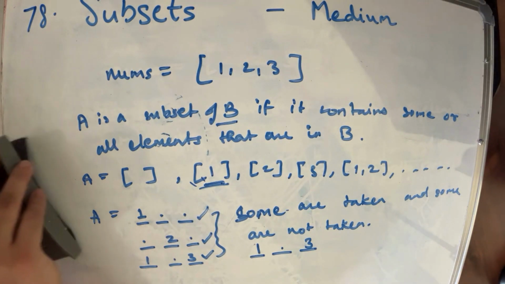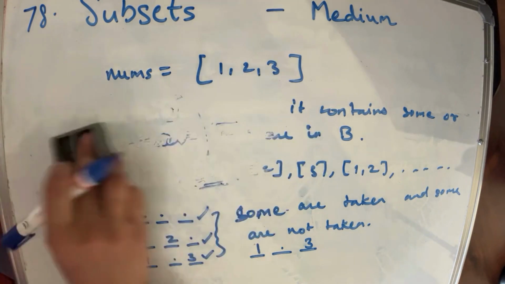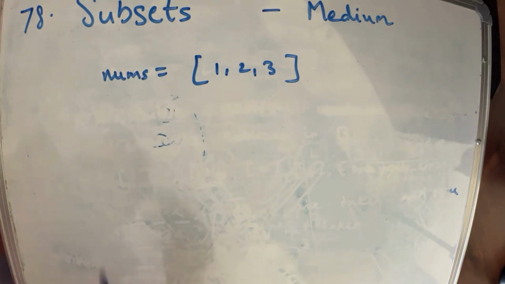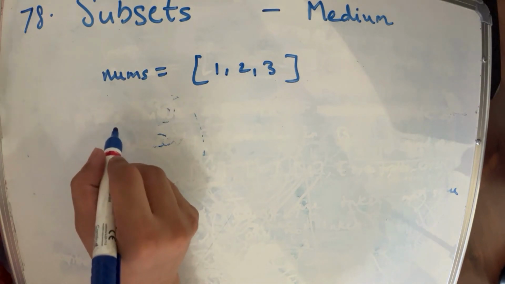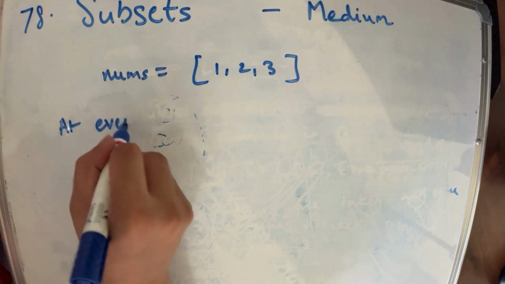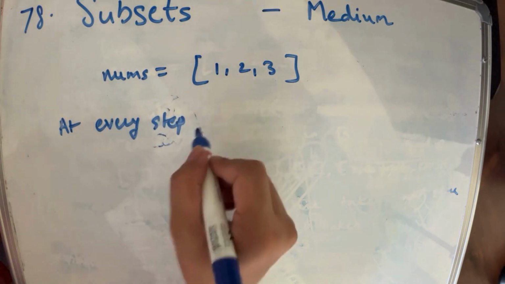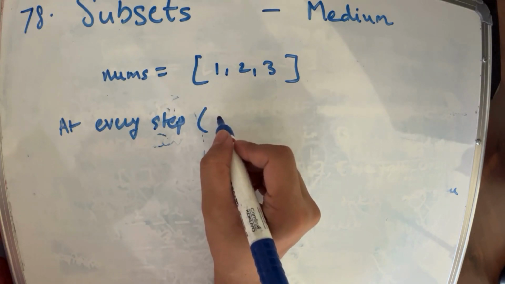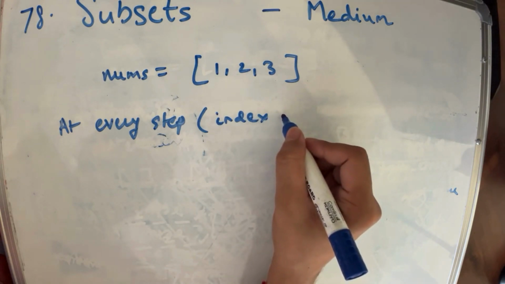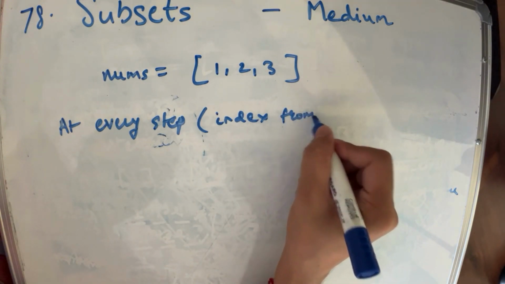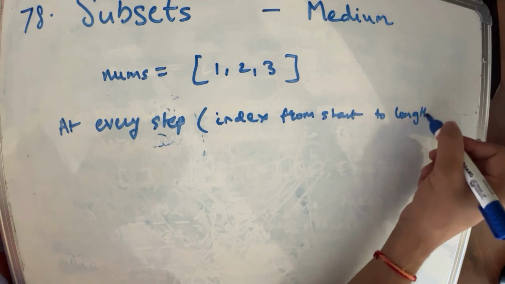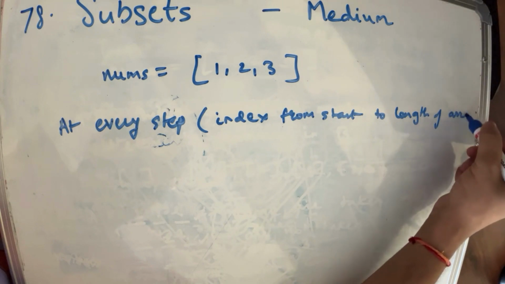So what can we see about this approach? That at every step, what is a step? A step is, let's say, an index from the start to the length of the array, right?